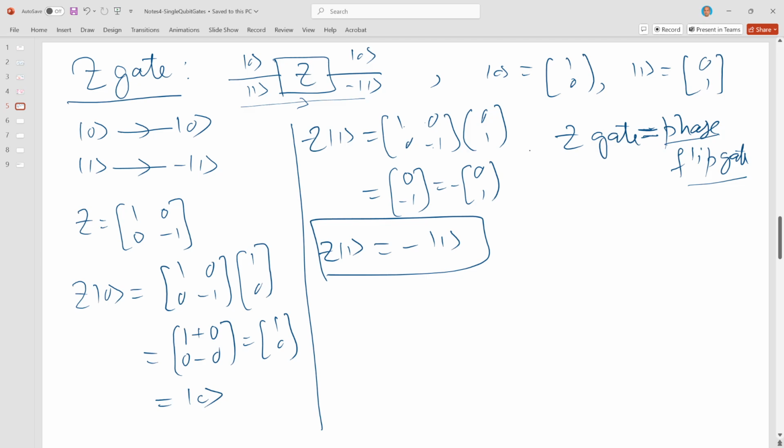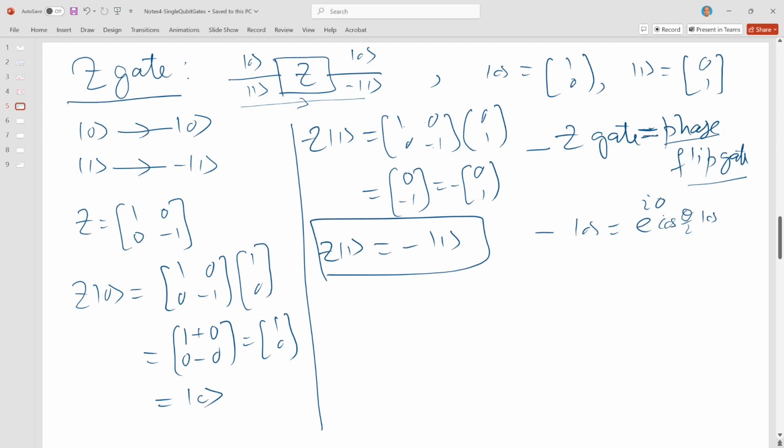And maybe in one respect, this name might make sense if we try to write the state as e to the power iota phi times cos theta by 2 0 notation.